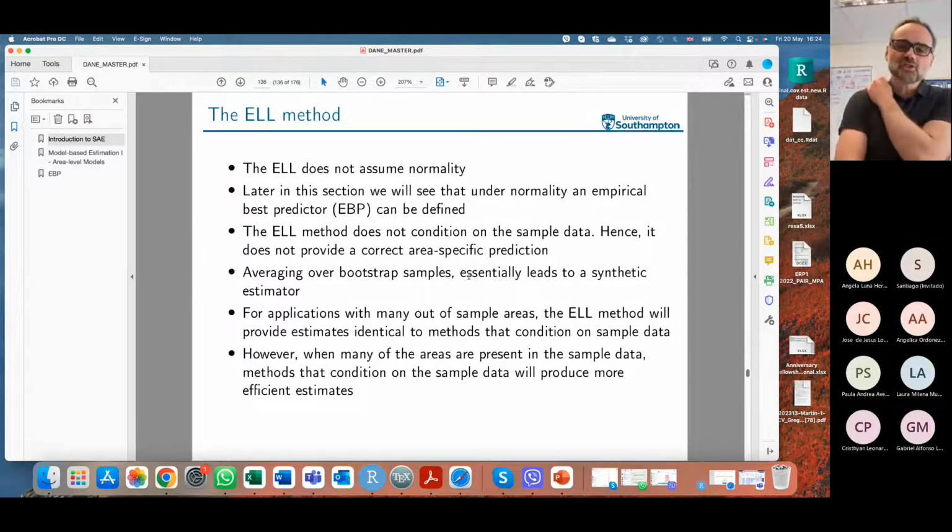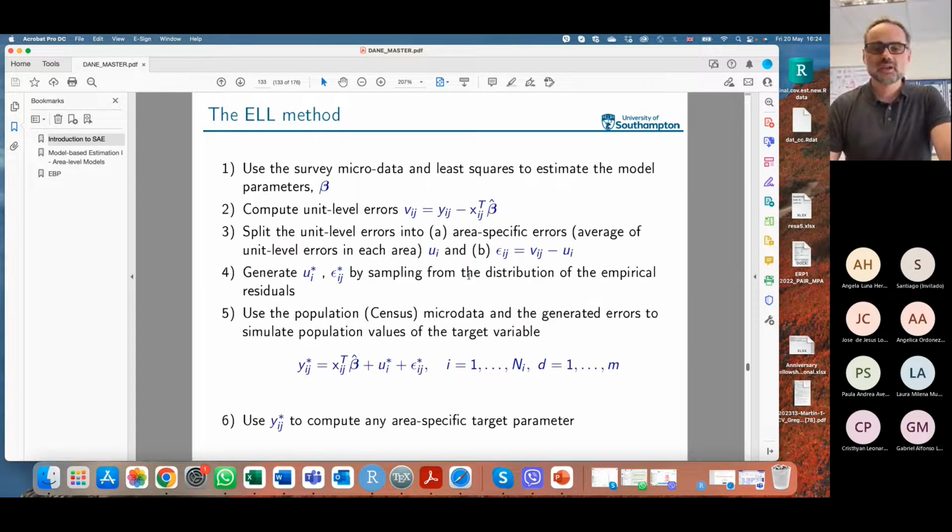The ELL method does not condition on the sample data. So you don't really get a correct area-specific prediction, and because you average over all these bootstrap samples, remember that effectively you do a bootstrap here. You select repeatedly from the set of empirical residuals, and you construct a hypothetical population.